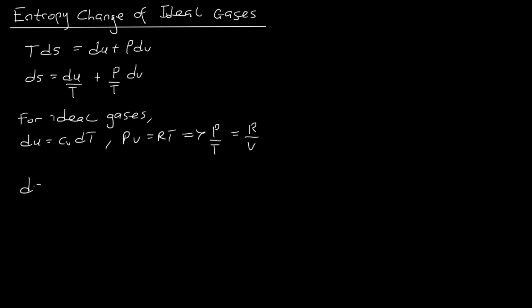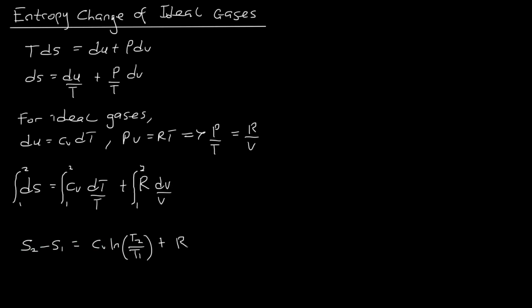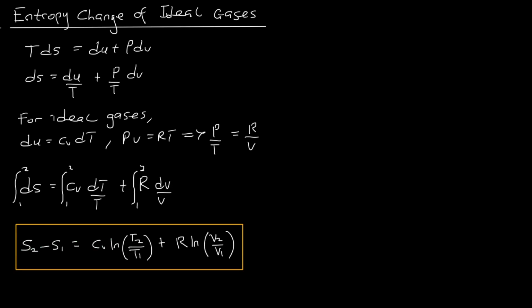So ds equals Cv dT over T plus R dv over v. Integrating both sides, we have this. For ideal gases, we make the assumption that the specific heat at constant volume is a constant value, and so we get S2 minus S1 equals Cv times the natural logarithm of T2 divided by T1 plus R times the natural logarithm of v2 divided by v1.